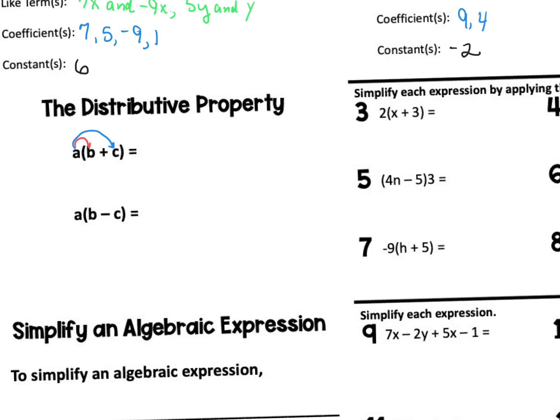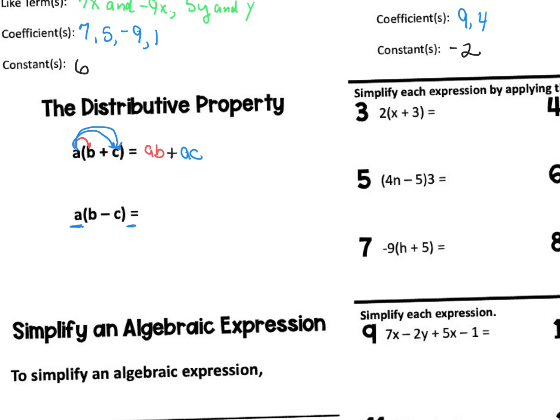So A times B is AB, and then A times C is AC. And it does not matter if the multiplier is in the front or the back. You still do the same thing.